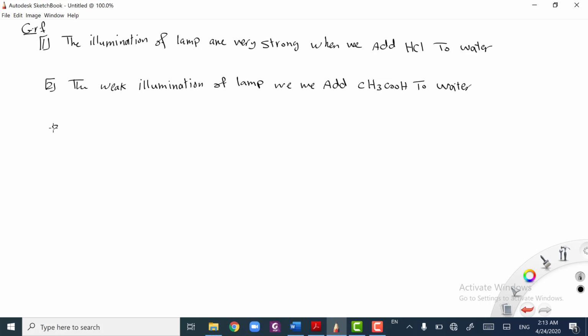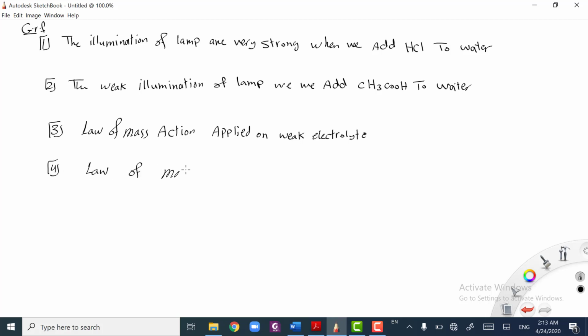Number three, the law of mass action is applied in a weak electrolyte. Number four, the law of mass action is not applied on a strong electrolyte.